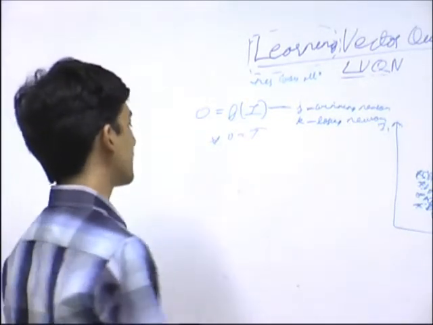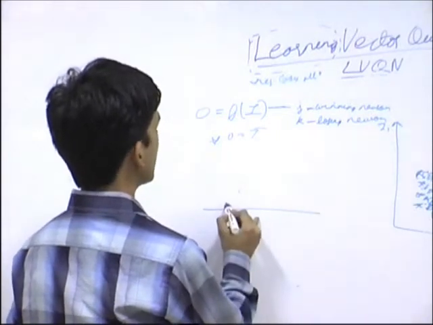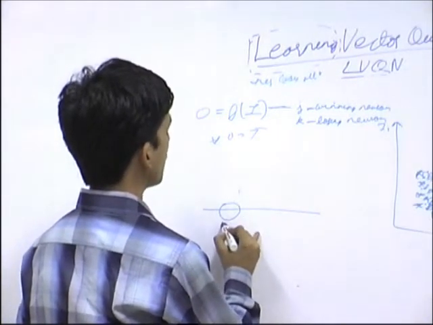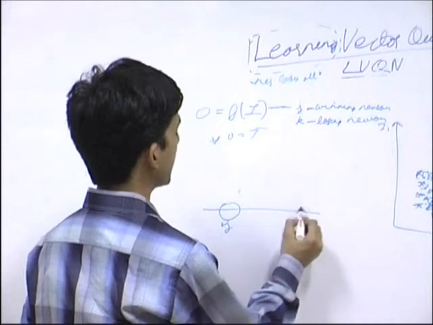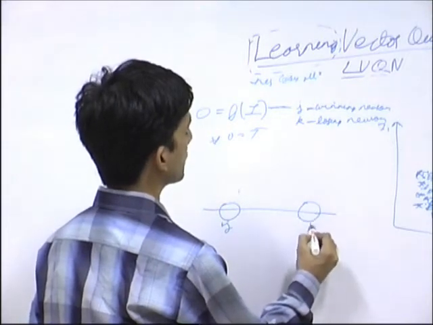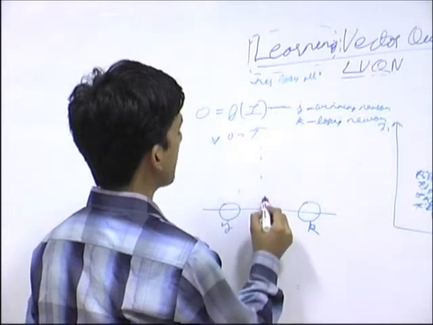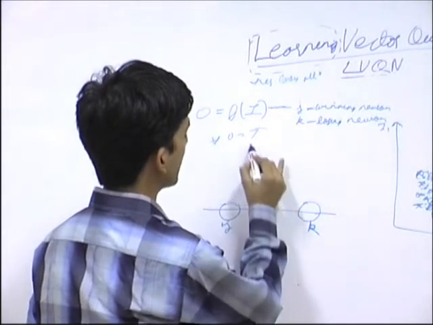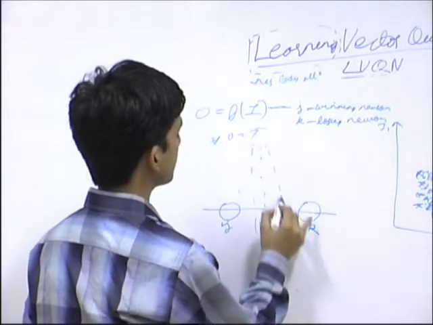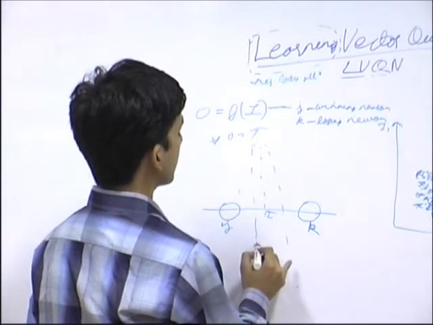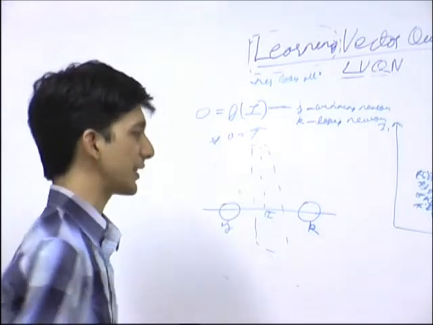Suppose in a space, this is where the winning neuron was found, the neuron J, and this is where the losing neuron was found, so let us call it K. We try to ensure that the applied input does not lie somewhere like this, in the middle of these two.